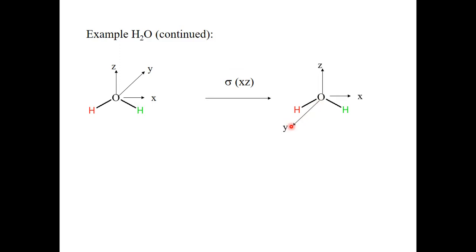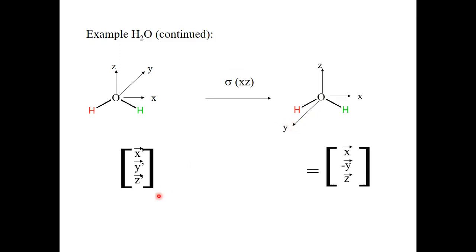And therefore, y will be transformed into -y. All right, so we know in this case that the new coordinates x prime, y prime, z prime will be x, minus y, and z.